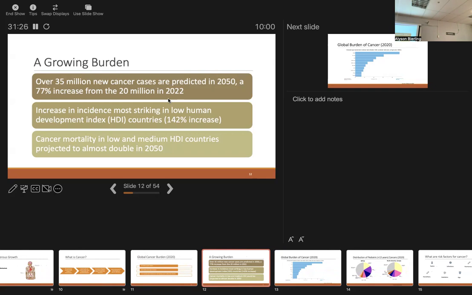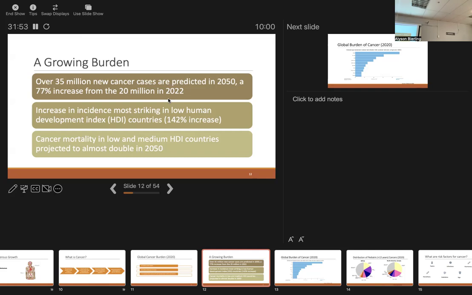In 2050, it's anticipated that there will be over 35 million new cancer cases diagnosed, and that is a 77% increase from the 20 million that were diagnosed in 2022.